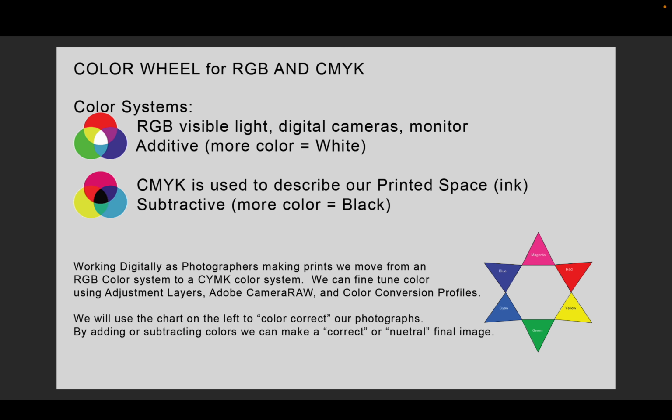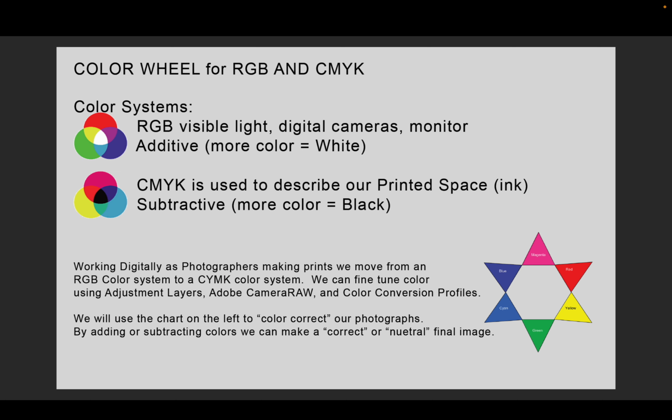So we can see the RGB color system in digital cameras, in your monitor, and anything that has a screen that is RGB based, whereas CMYK is really strictly for printing. So this is subtractive. The more color used, it equals out to black versus additive for RGB. The more color used altogether is going to equal out to be white.